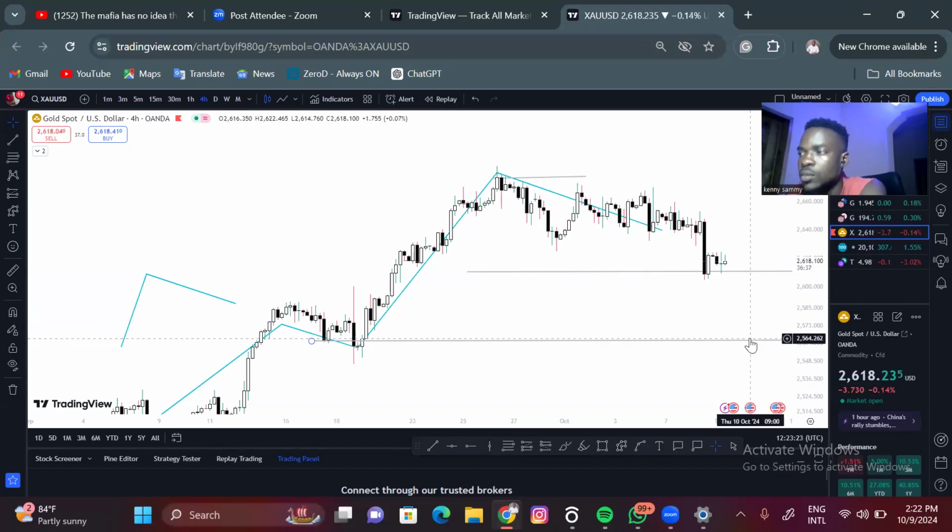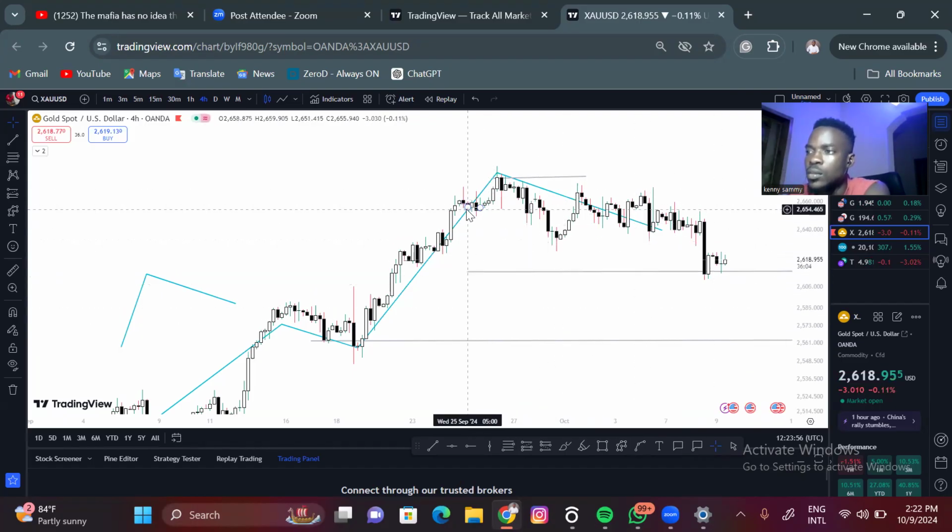It's either static at that price or it starts depreciating. So when you have a demand level here, there is a high chance that by the time the price gets to that demand level, if it is a valid demand level, the price of whatever asset you are trading will start increasing, which means if you had bought at that moment, the price will start appreciating to whatever level you are expecting it to get to. Do you understand? And the same thing for the supply, which is your resistance level.